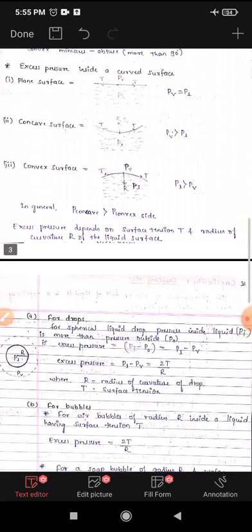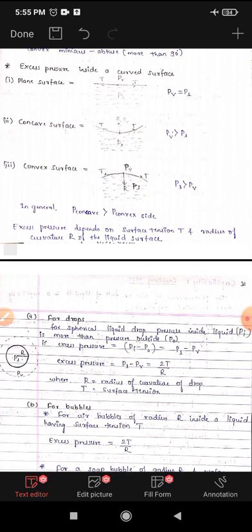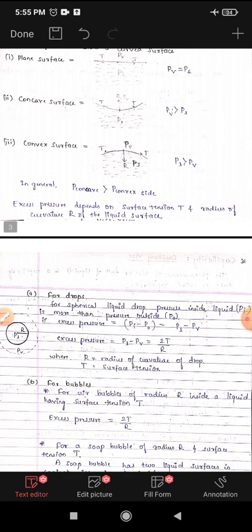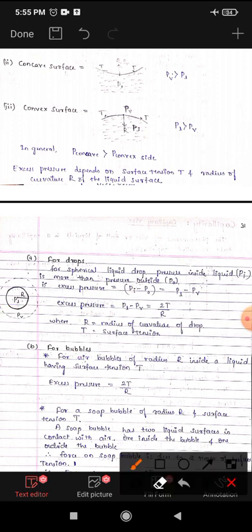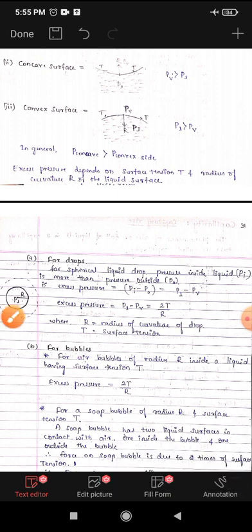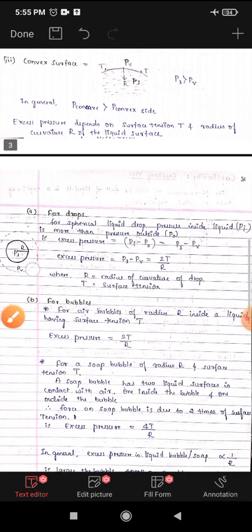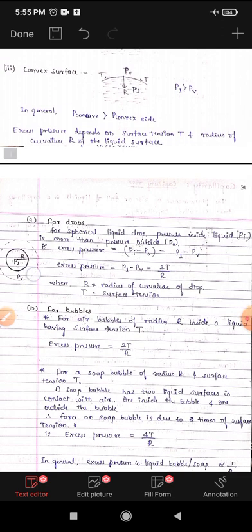So we know that in the case of a concave side, the pressure inside the liquid is greater than the pressure outside the liquid, or in this area the pressure is lesser than the inside area.